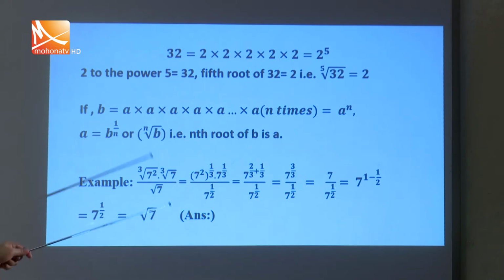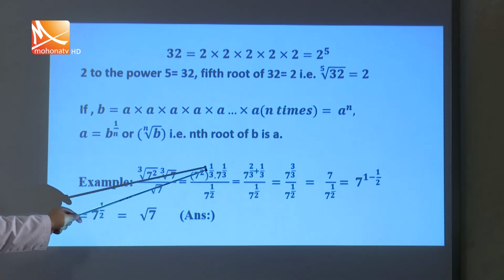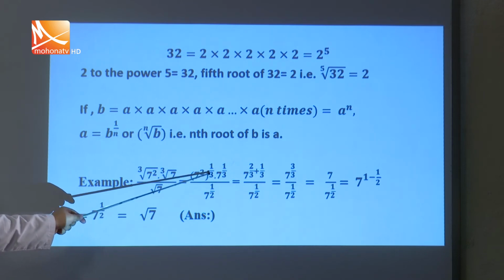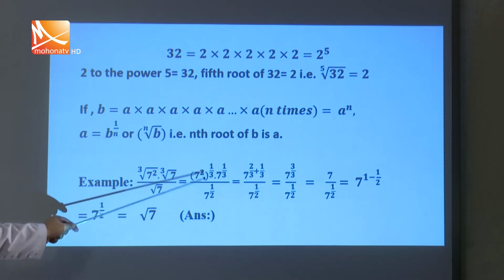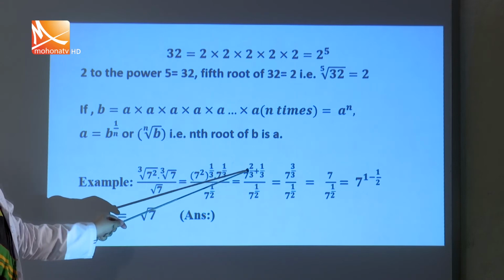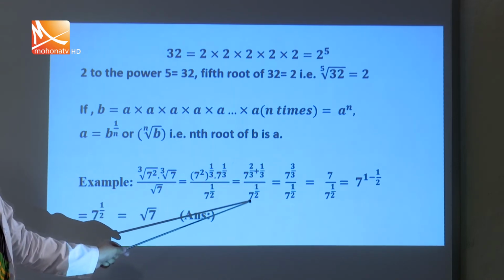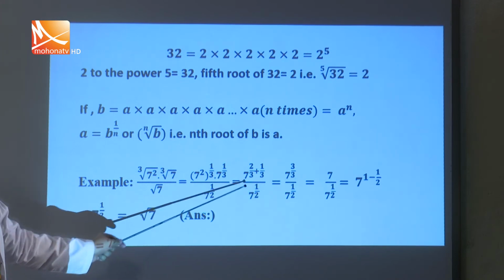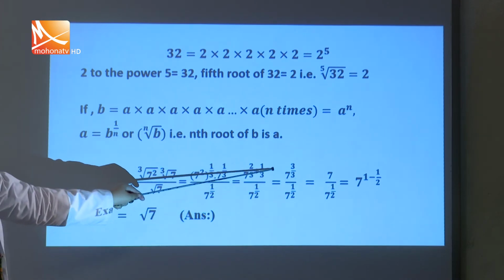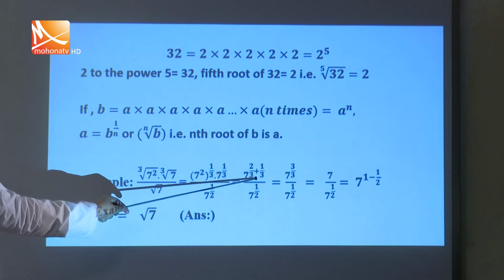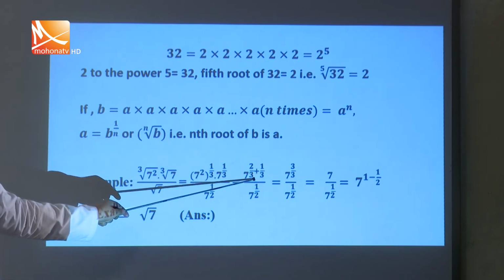And if we add them, since bases are equal here and there is a multiplication sign, definitely you have to add their powers. So it will be 7 to the power 2 by 3 plus 1 by 3, and here we have as well 7 to the power half, which is our denominator. And if we add them, I hope you all know how to add fractions, right?